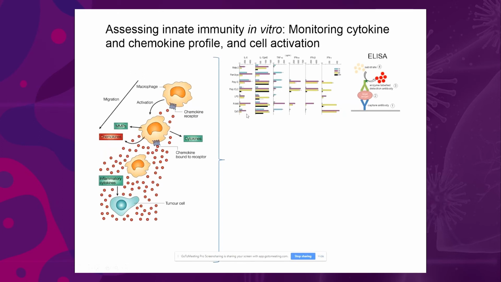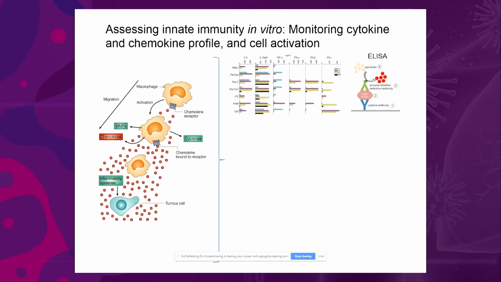So you can see that the response differs as well. I can't remember what the color shows, but most of these induce TNF. However, it's only poly-IC, the TLR3 ligand, and the TLR7/8 ligand, and a bit CpG, that induce interferon alpha or interferon beta in these cells.